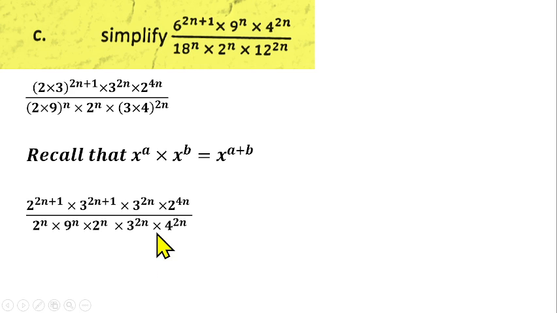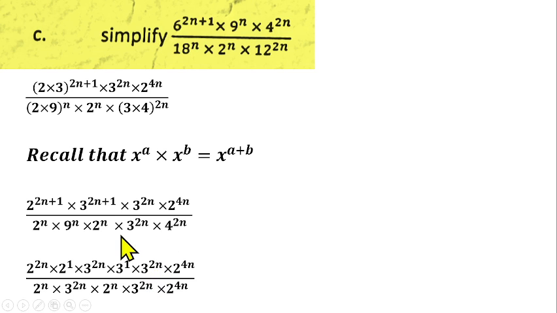Good. Then if you do that, we can simplify this one. We can still simplify this as well. Now before that also, we can break this one down according to this rule. So 2 raised to power 2n plus 1 gives us 2 raised to power 2n times 2 raised to power 1.